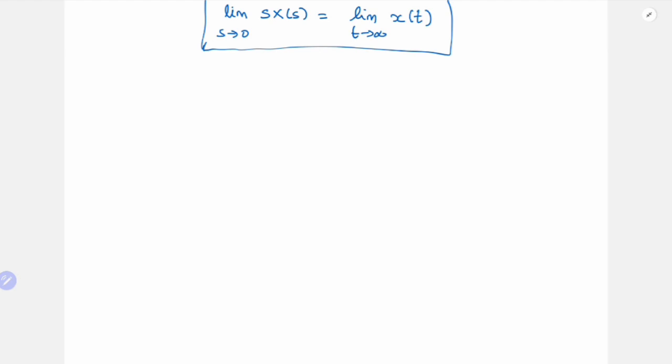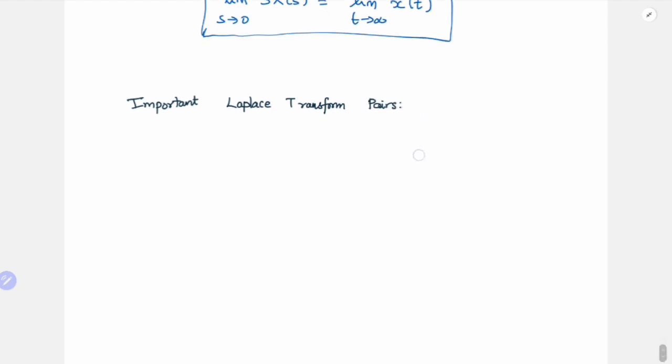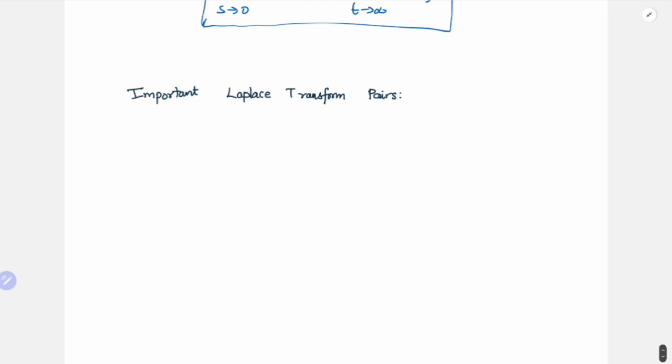Now let us quickly see some important Laplace transform pairs. We would have already worked out these; I am just summarizing them.